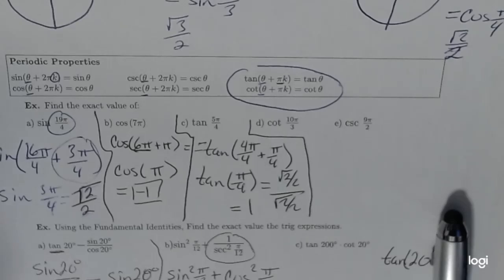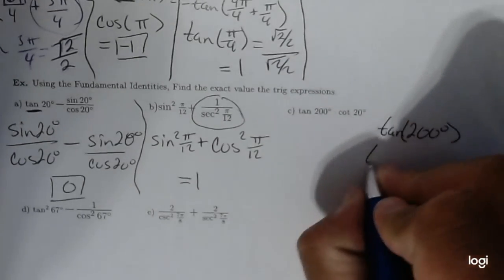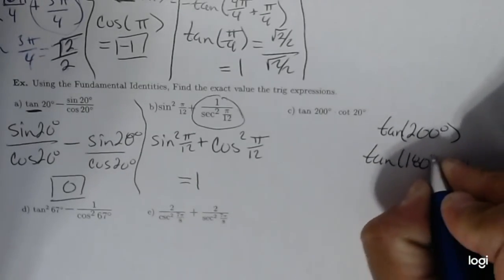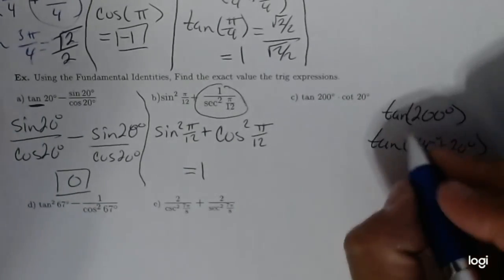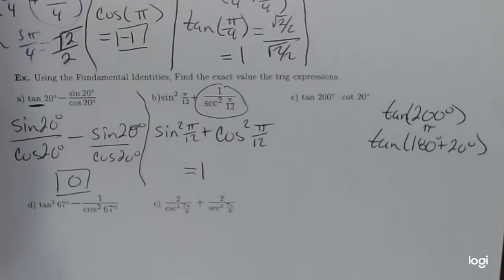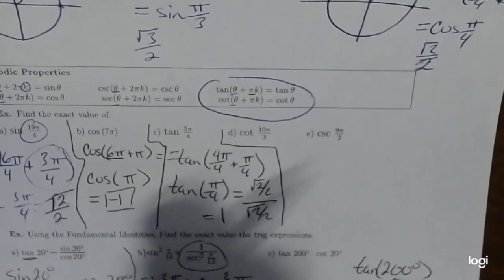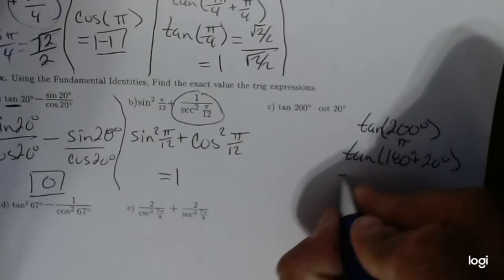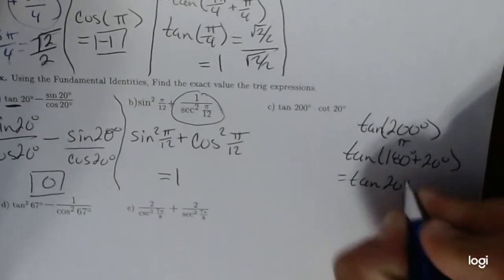So in radians and in degrees, instead of 200 degrees, I can rewrite tangent as 180 plus 20 degrees, right? That gives you the 200 degrees total. Well, this is pi. So therefore, according to our properties, just like we did here, this is going to be simply simplified down to tangent of 20 degrees.